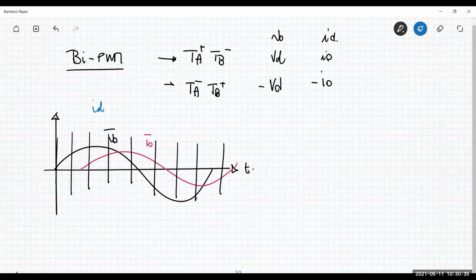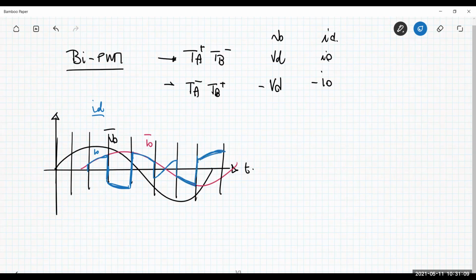ID is blue, is, say, for example, here could be I naught, or can be, for example, here negative I naught, I naught, and negative I naught, I naught, negative I naught.